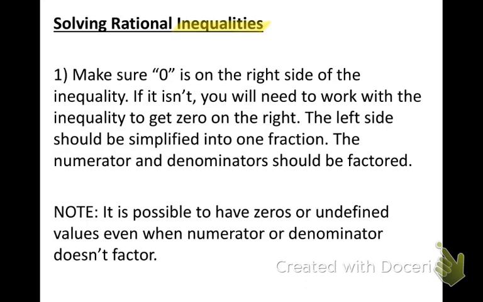So the very first thing we want to do is make sure that the 0 is on the right side of the inequality. If it isn't, we're just going to do some work so that we get that 0 over on the right-hand side of the inequality. We also want to make sure that the left side is simplified into one fraction, and that we go ahead and factor the numerator and denominator as well.